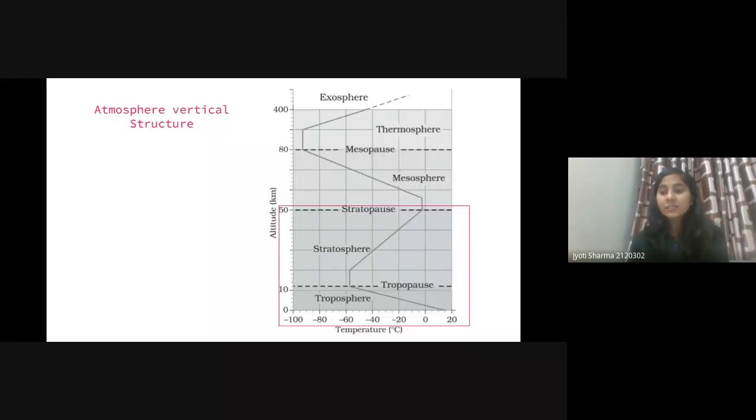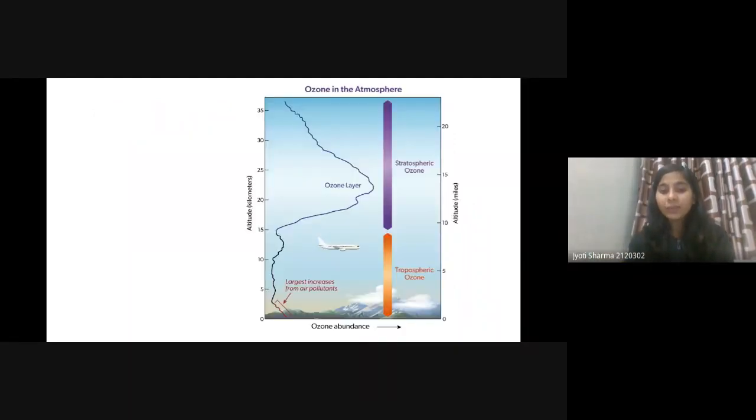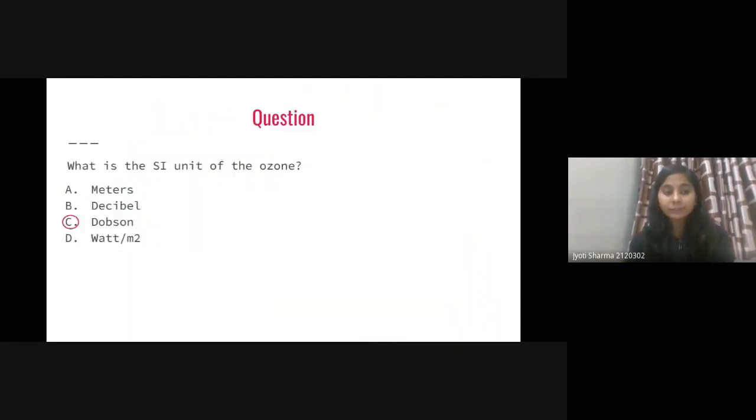So the scientist gave the theory why this is happening. He said that because there is ultraviolet radiation, and this ozone layer will absorb that ultraviolet radiation, because of that the temperature will be increased. So he gave the reasoning for that.